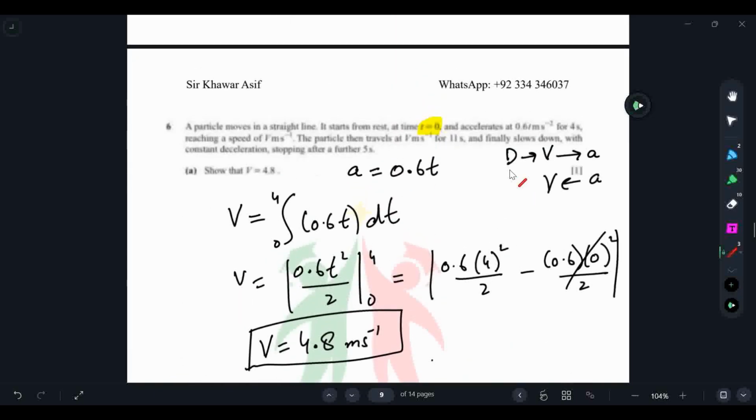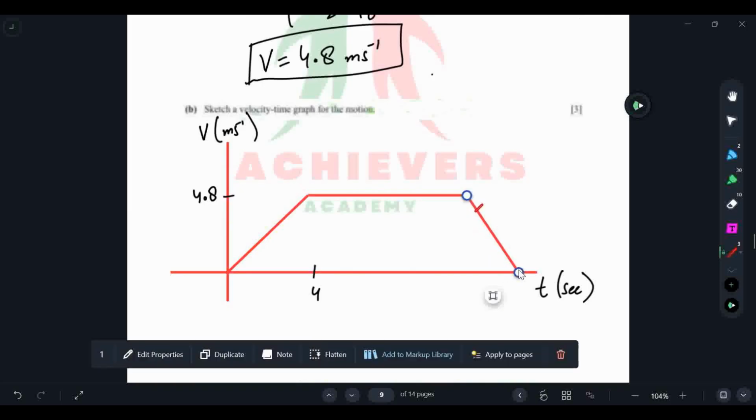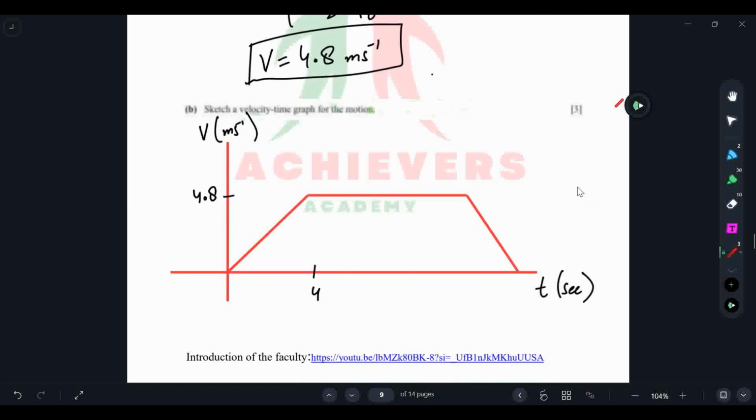Then they are saying it finally slows down with a constant deceleration, stopping after a further 5 seconds. Now we can see this will be the velocity-time graph, and this point will be 15 and this point will be 20. I think that is it for this one. Let's move to the next one.